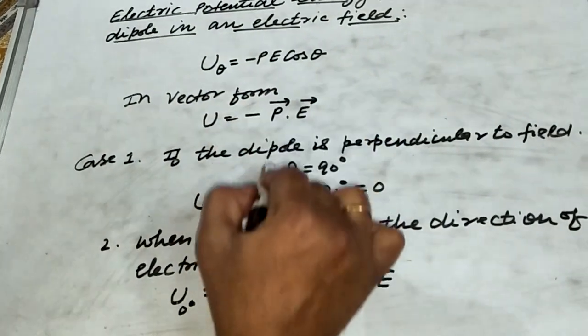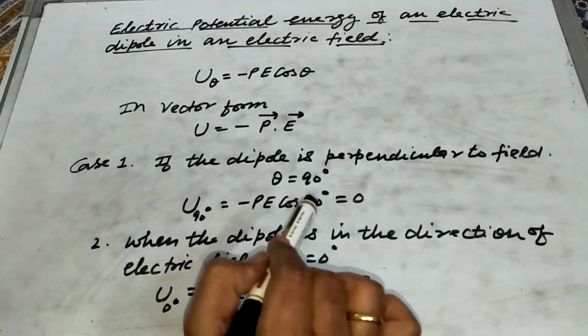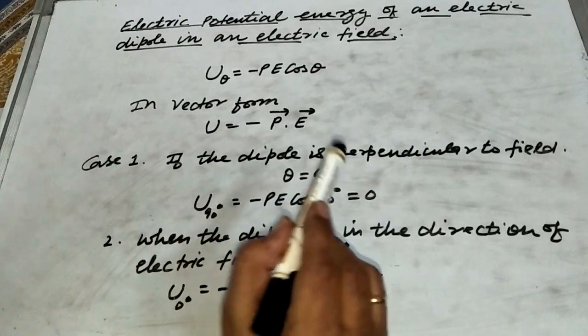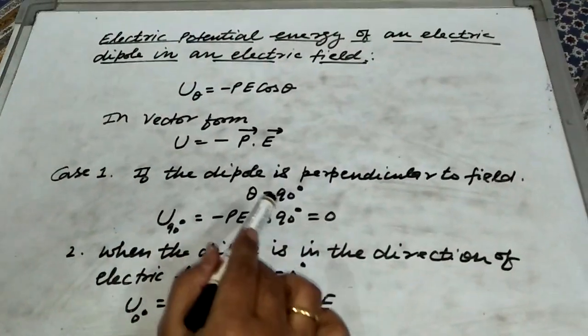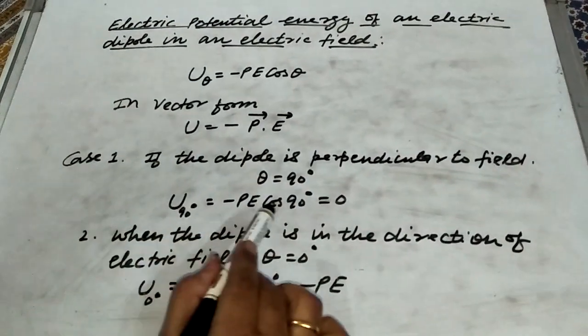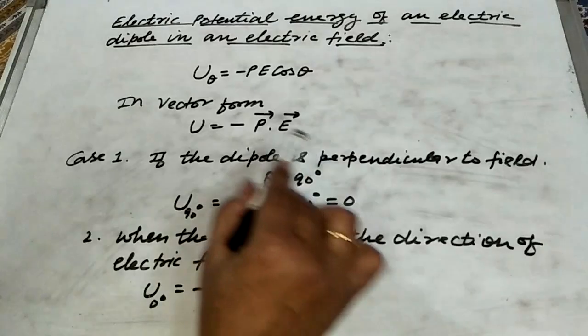In this way you can find the potential energy of an electric dipole in an electric field at any position, meaning at any angle. So this is the last topic of this chapter. First you should go through all the derivations of this exercise and solve the numericals based on the electric potential, meaning of this chapter. Thank you.